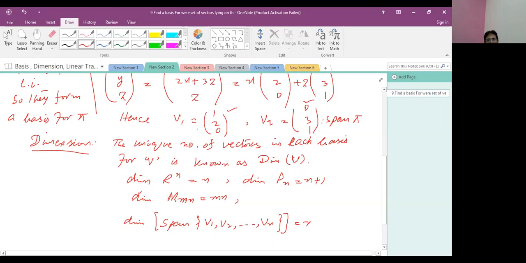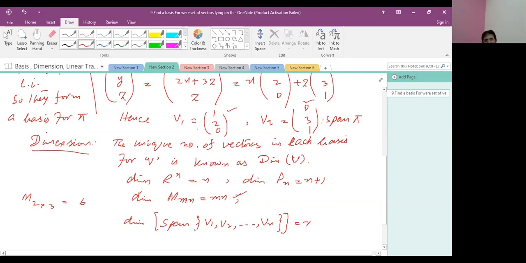Or when we consider matrices, where m is the number of rows and n is the number of columns, the dimension of M(m,n) is equal to m times n. For example, if it has 2 rows and 3 columns, 2 times 3 is 6. The dimension of this matrix is 6 according to the definition.